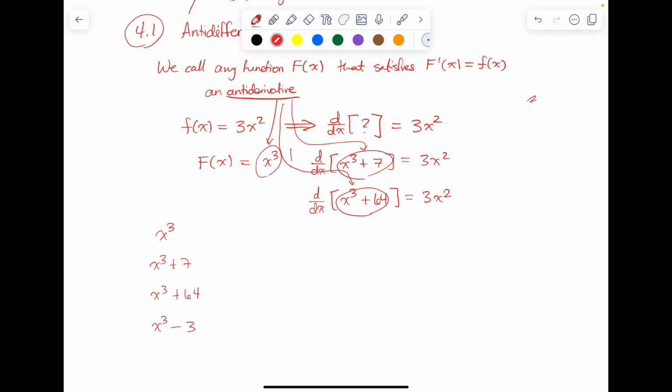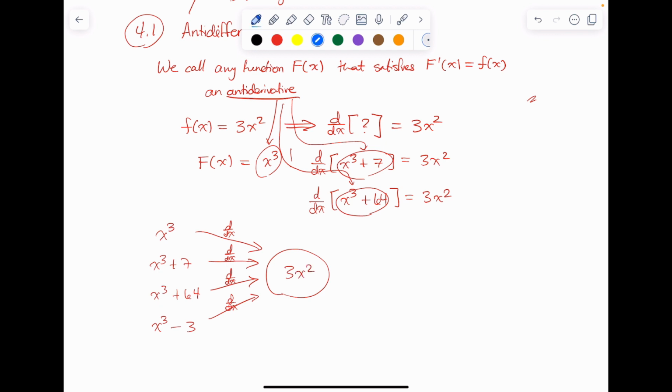Doesn't really matter what the number is. As far as differentiation is concerned, if we're talking about taking the derivative, all of these turn into 3x squared.